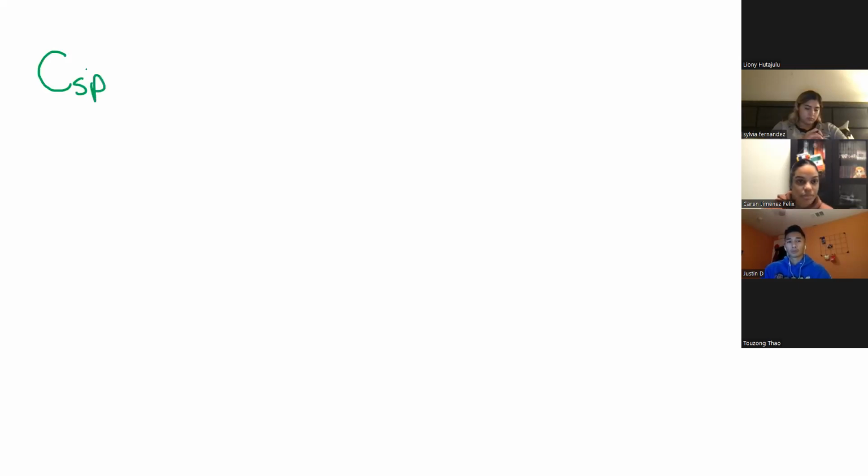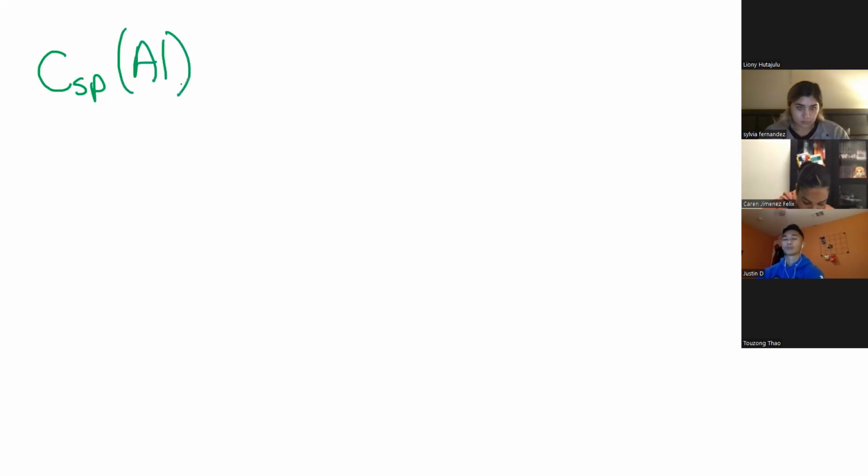C subscript SP is usually how we say specific heat capacity. And then in parentheses, we usually put Al to indicate that it is of aluminum. And that is, as you can see from the previous slide, 0.215 calories per gram degrees Celsius.